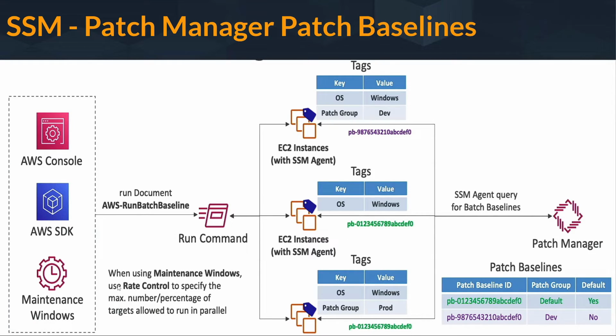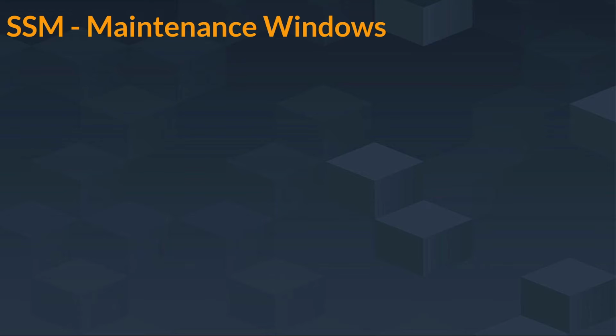We have already seen what error control and rate control are. Rate control basically specifies the number or percentage of targets, that means EC2 instances, which are allowed to run in parallel. It looks complicated, but actually it is very simple, and if you get into it, you will find it very easy.